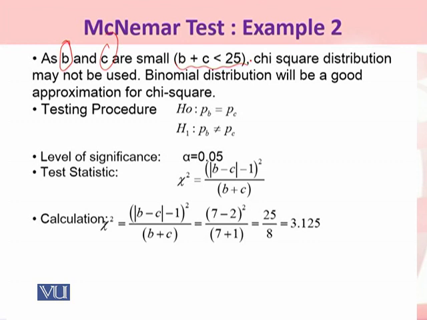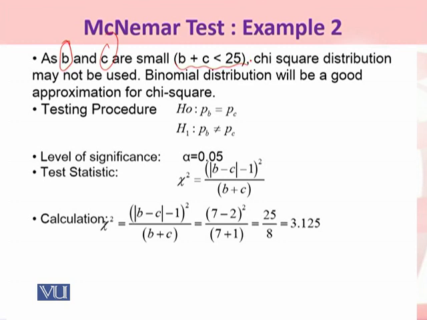So we would have to make use of the binomial exact test. Now students, the binomial exact test was later developed to tackle the problems where B plus C, that means the sum of the two discordant pairs, remains less than 25.